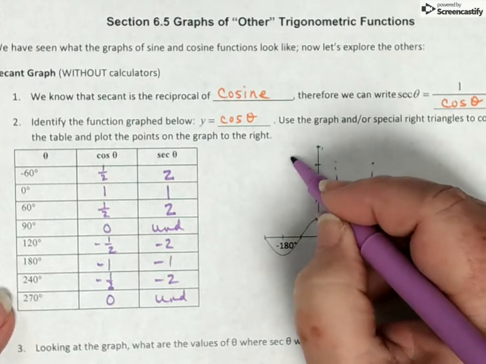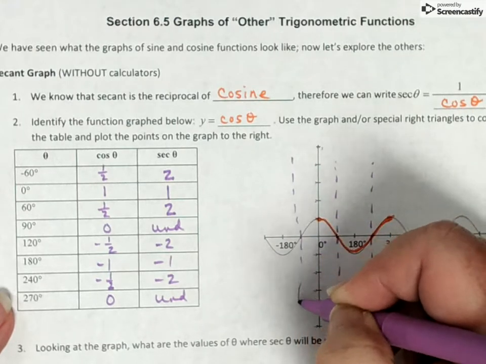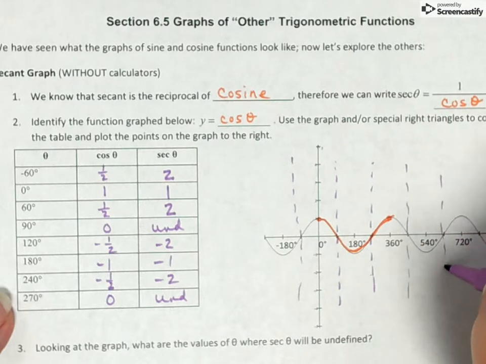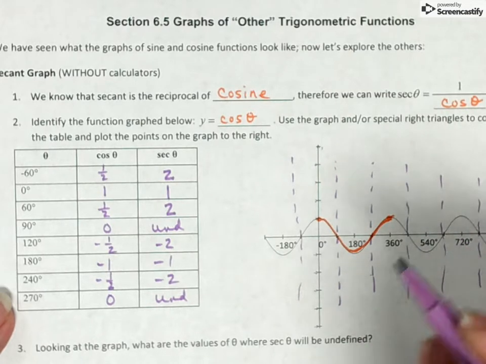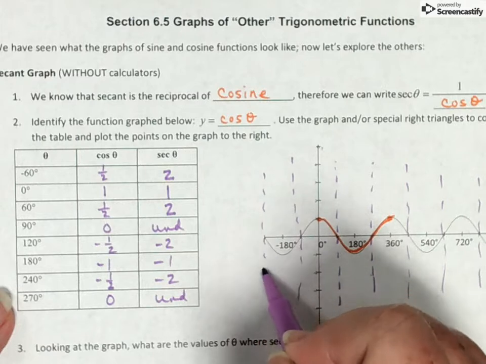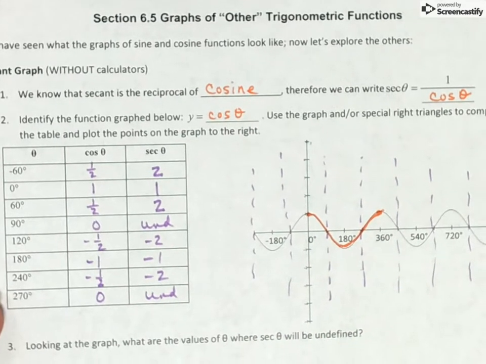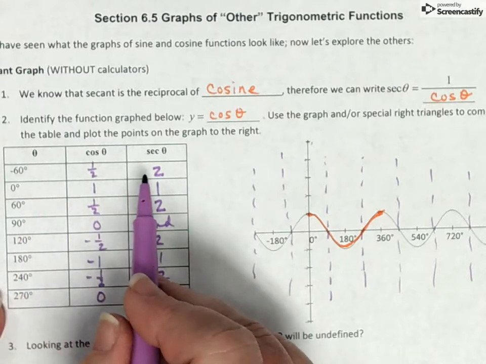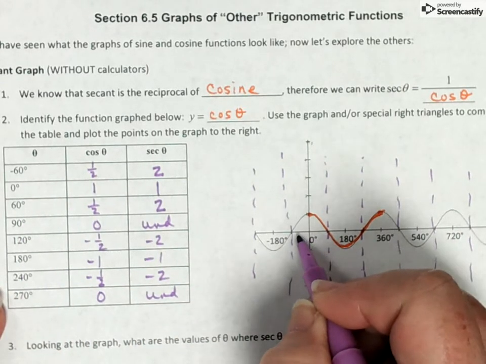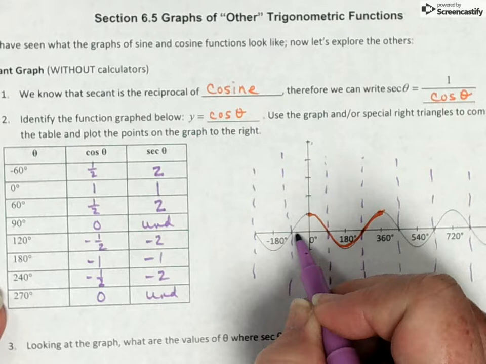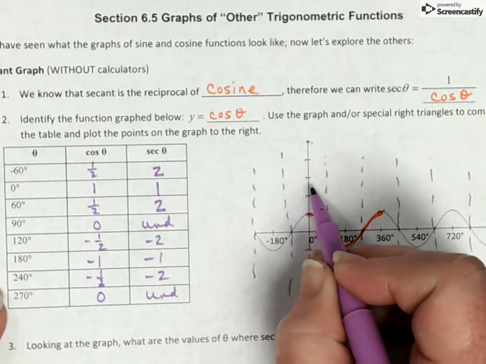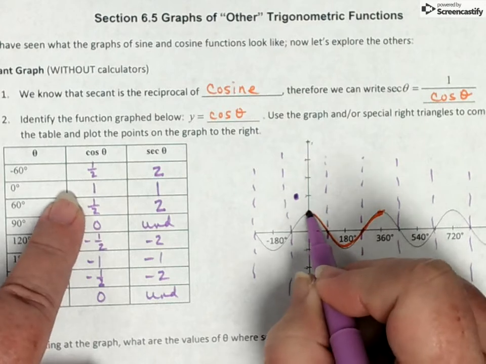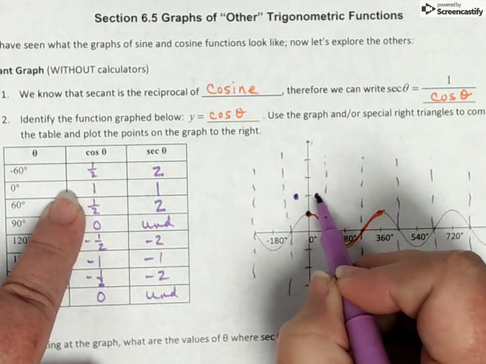So everywhere that this graph crosses the midline, I'm going to draw an asymptote, all throughout the graph. And if I were to plot these points, let's go -60 degrees, that's about a third of the way right here, up to +2, 0, 1, 60 degrees, +2.